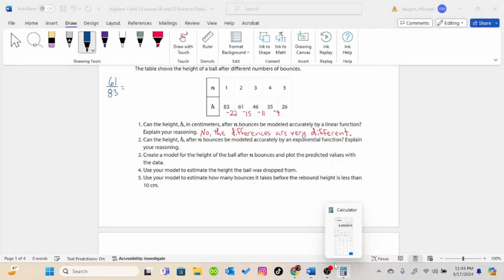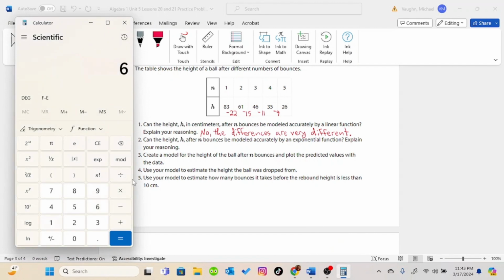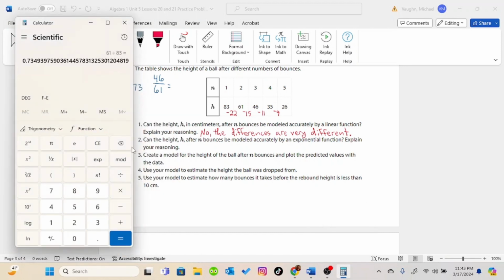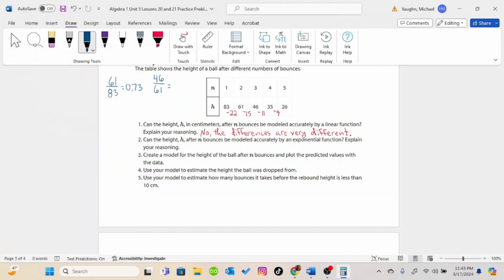So 61 divided by 83 is 0.73. Next, we would do 46 divided by 61. That's approximately 0.75.